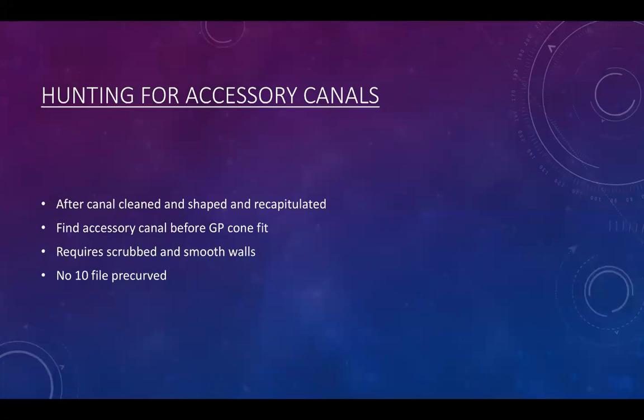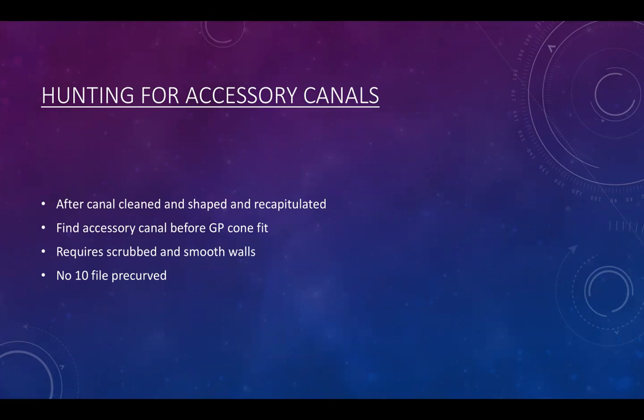So each one of these previous steps that we described are very important for this last step of hunting for the accessory canals. Just as I mentioned, a number 10 pre-curved file is used. A small curve, a 90-degree curve, is applied near the tip.